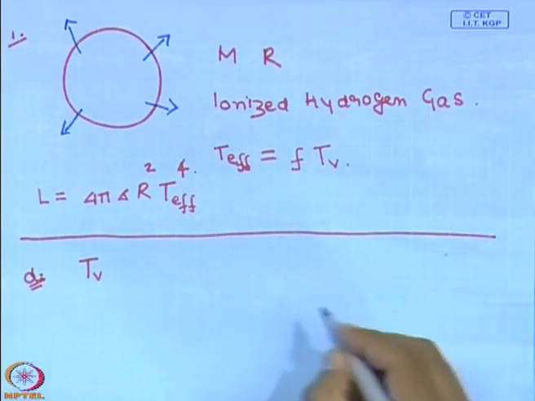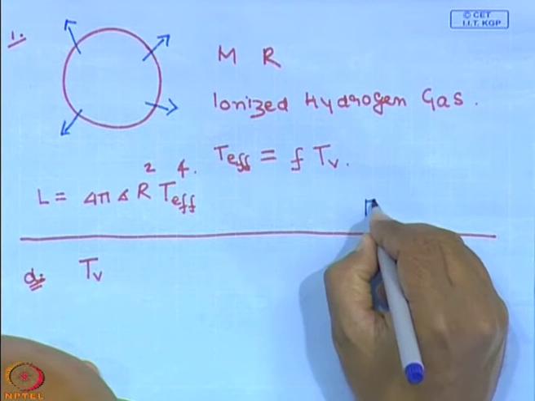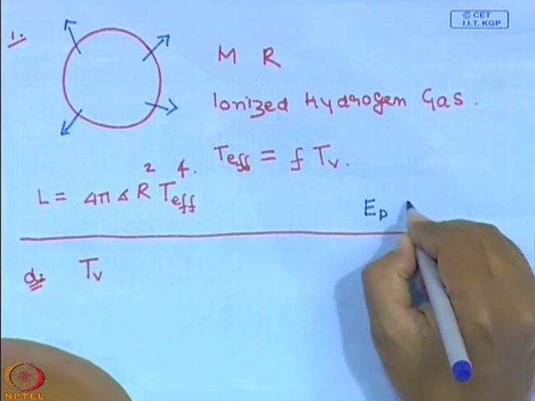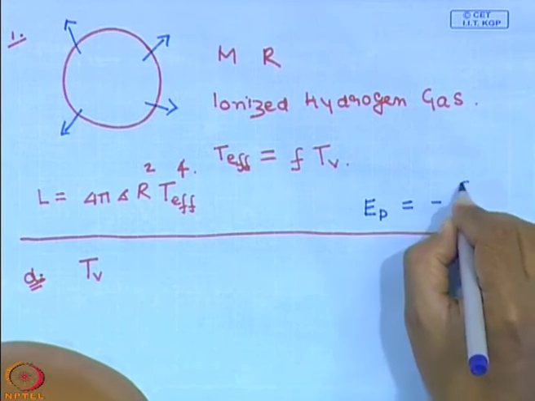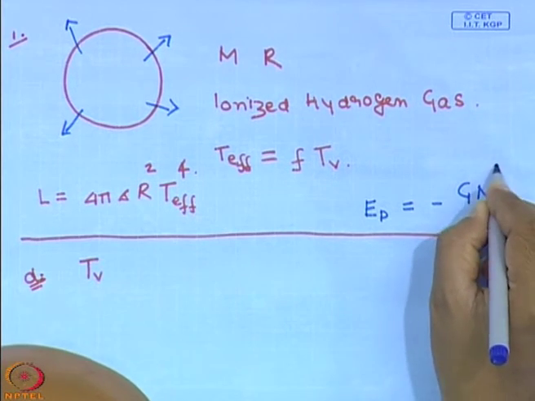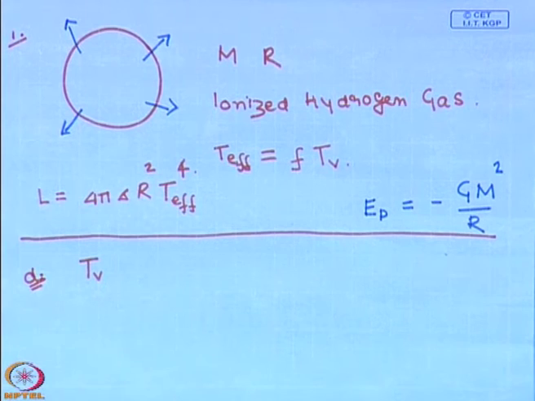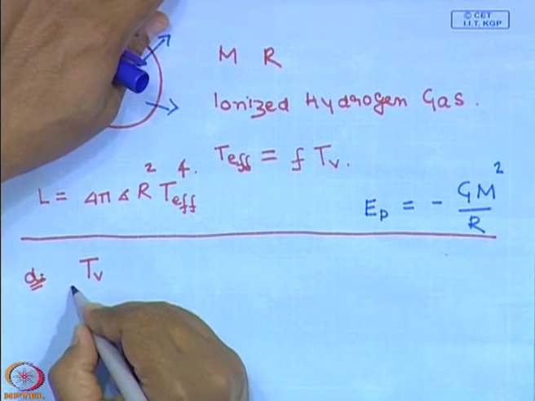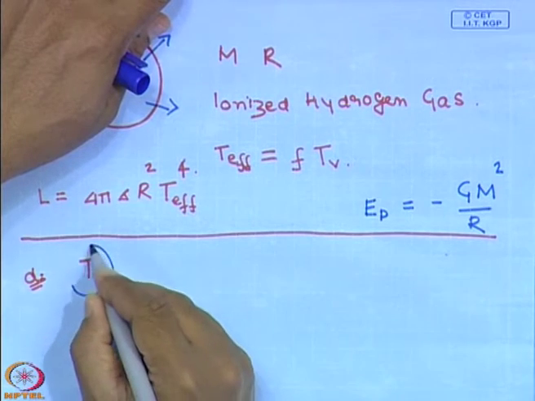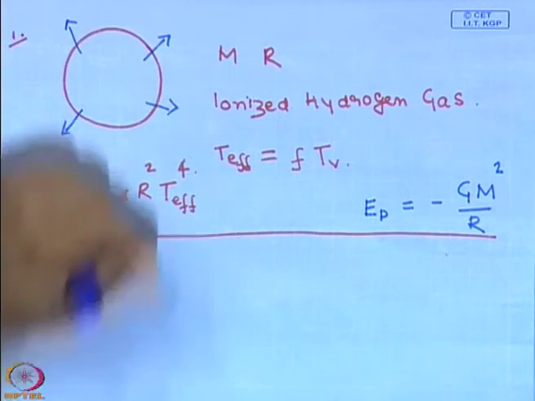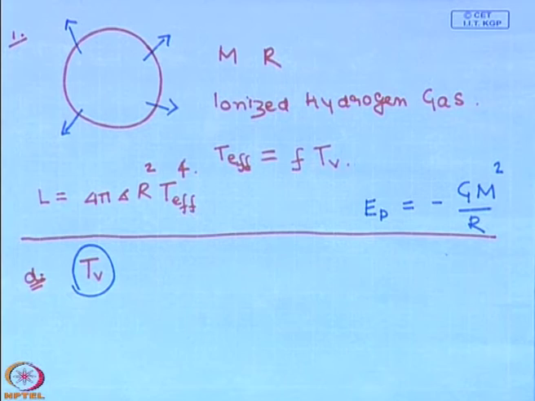And here we will also assume that the potential energy is minus g m square by r. Okay. So, we want to find out how does the virial temperature depend on the mass and the radius of this object.